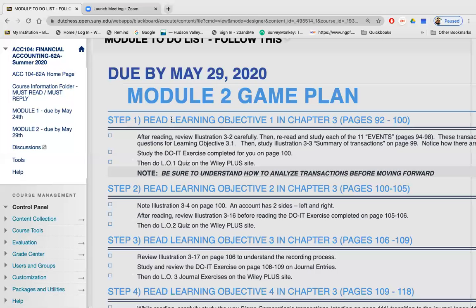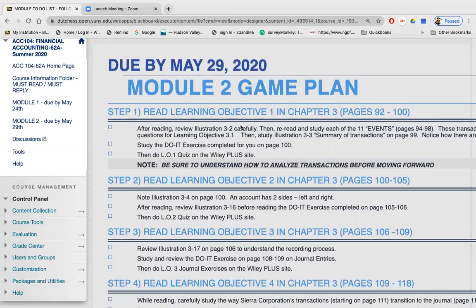Learning objective 1 does not teach you anything other than how to analyze transactions. And that's critical because all we do in accounting is analyze what's going on. So please make sure you spend a good amount of time on learning objective 1.